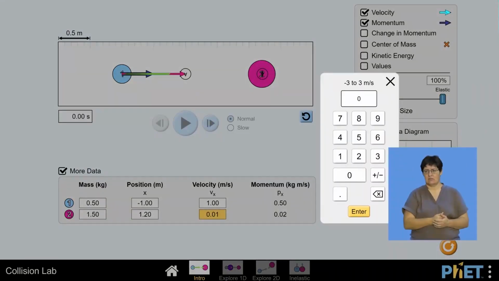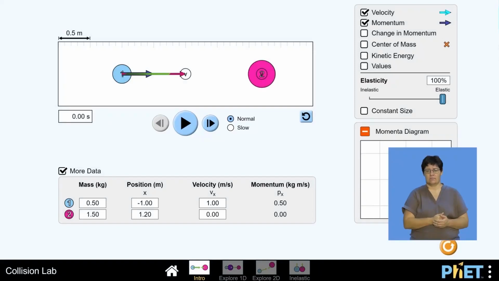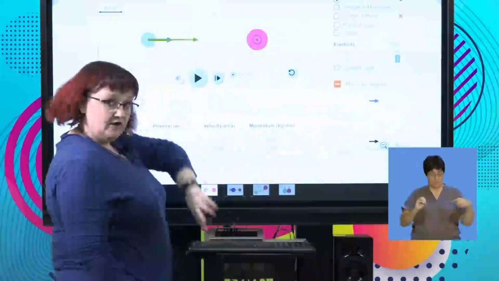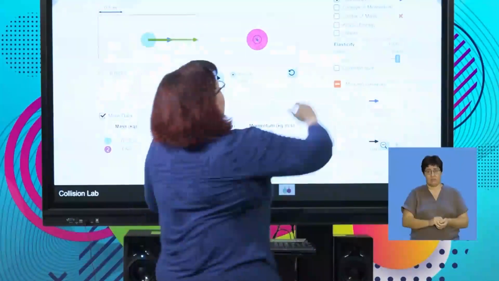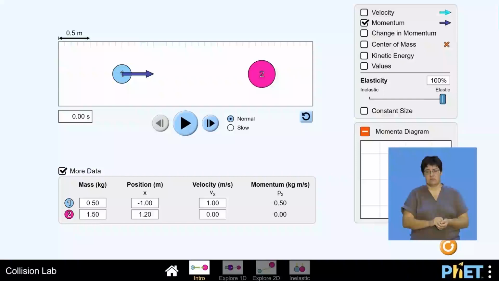I wanted naught. I'm making this stationary. So now we have one object that's stationary, and we have another object that's moving. Watch with my totals. Number one, still, let's take that velocity vector out. It'll be easier. Still 0.5. None for number two. So my total momentum at the moment is 0.5 kilogram meters per second to the right.